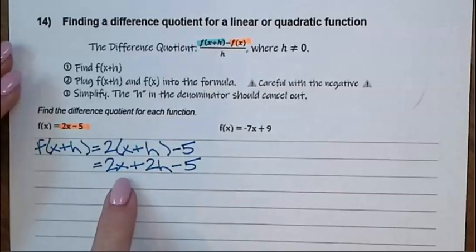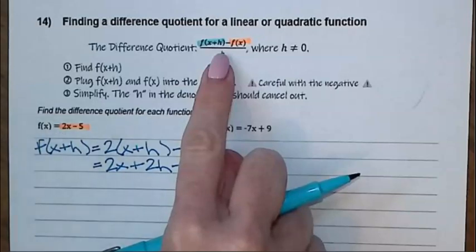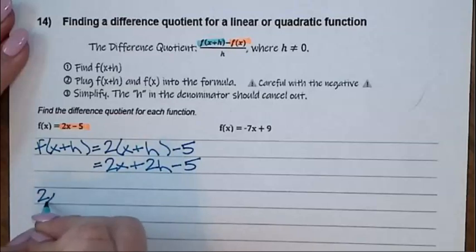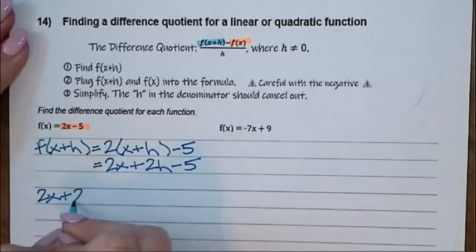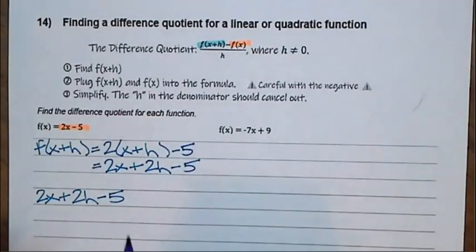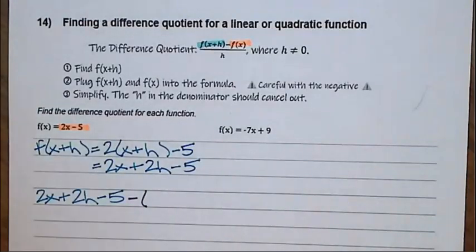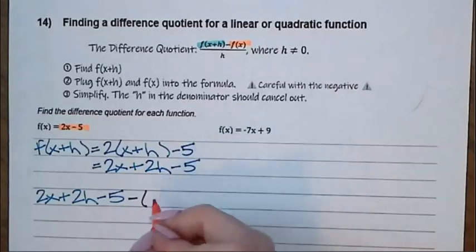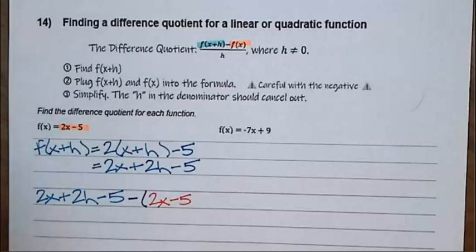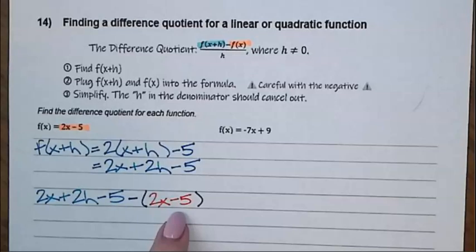Now I'm going to put this and the f of x into my difference quotient formula. So I'm going to start with the 2x plus 2h minus 5. And this is minus our f of x, which is 2x minus 5. The reason that we needed the parentheses is because we're subtracting this quantity.